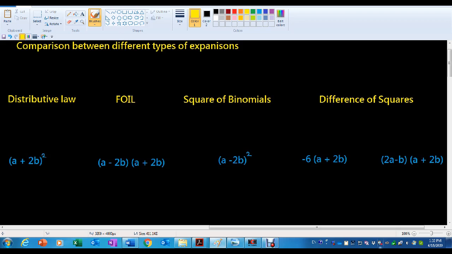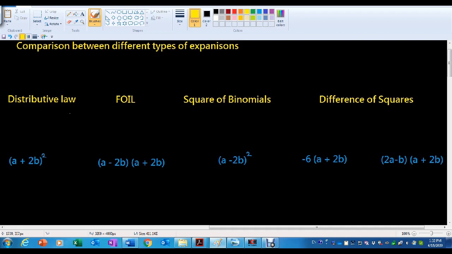Basically, to do expansions, there are 4 ways, 4 skills. One is what we call the distributive law. You have learned that since year 7, right? Since year 8.